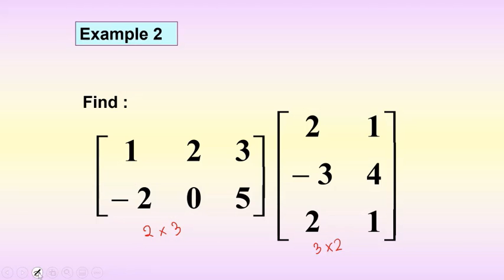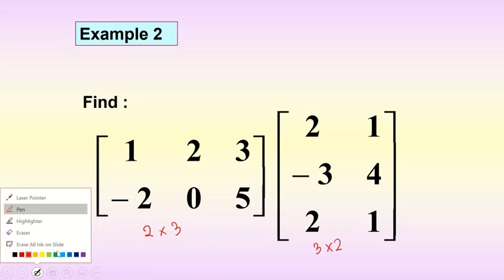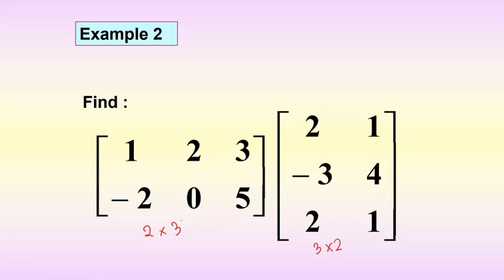As you can see, we have the same number for the columns of the first matrix and the rows of the second matrix. If these two numbers are equal, we can proceed with the multiplication operation for these matrices.